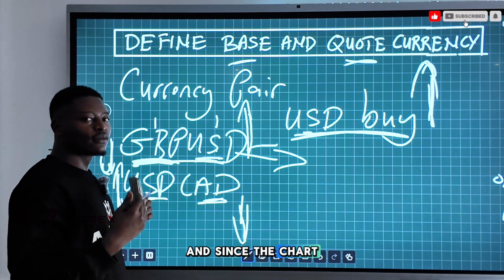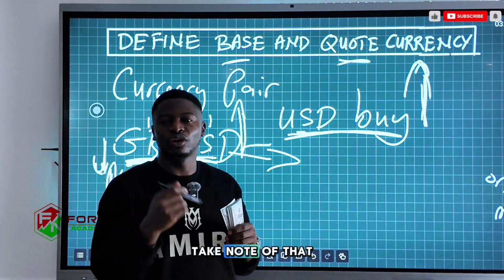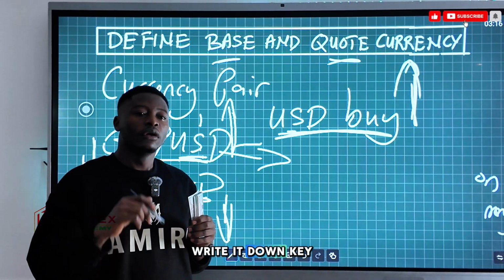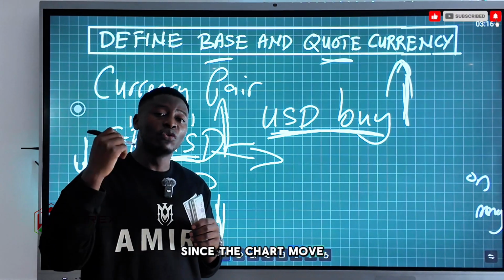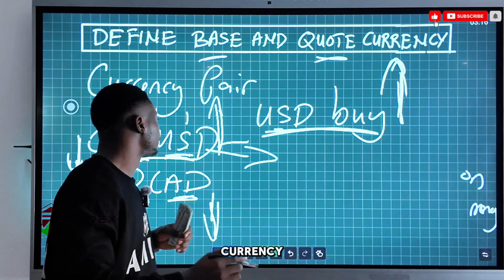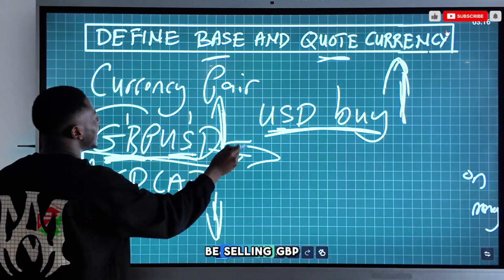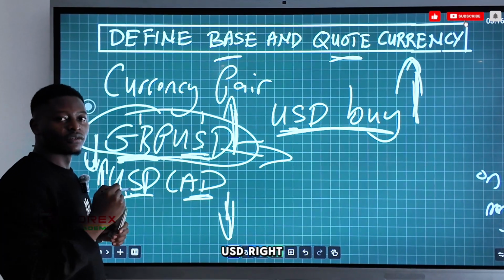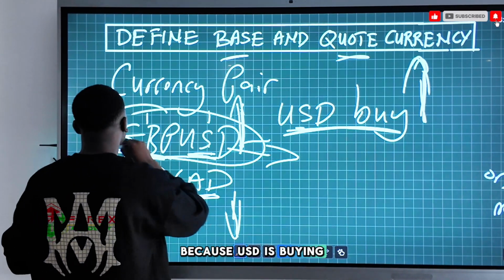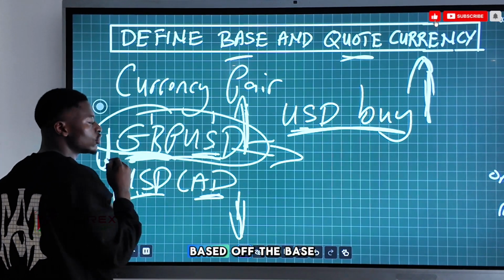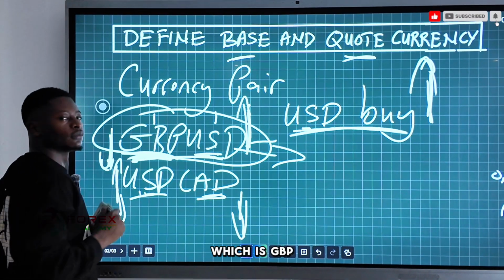And since the chart moves based off the base currency, take note of that, write it down. Key point: since the chart moves based off the base currency, USD is buying here, GBP is selling here, it therefore means that we are going to be selling GBP USD, right? Because USD is buying, GBP is selling, and the chart moves based off the base currency, which is GBP.